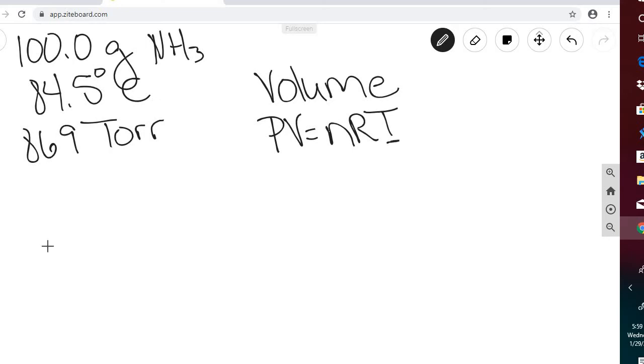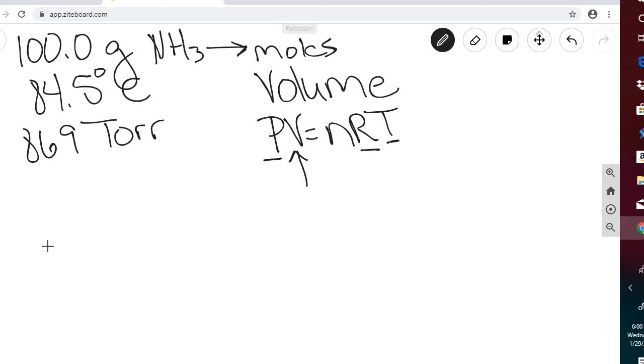R is a constant. We're given pressure, and we're asked to find volume. So the only thing that remains is n. We don't know n, however, we know how many grams there are, so we can convert those grams of ammonia to moles of ammonia. And that's what we would plug in for the value n.